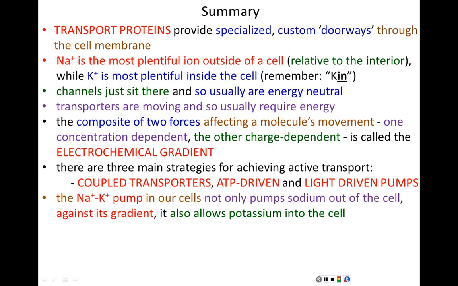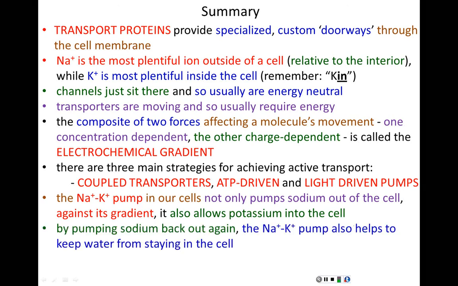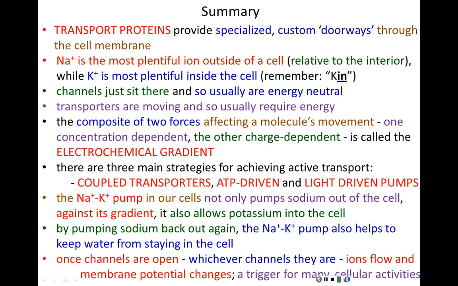We focused fairly extensively on the sodium-potassium pump. We said that the sodium-potassium pump that exists in our cells not only exists to pump sodium out of the cell, which is against its gradient, but it also allows potassium into the cell, keeping a balance of these ions. By pumping sodium out of the cell, the sodium-potassium pump keeps our cells from bursting, keeps water from overwhelming the interior of our cell, which is a good thing.